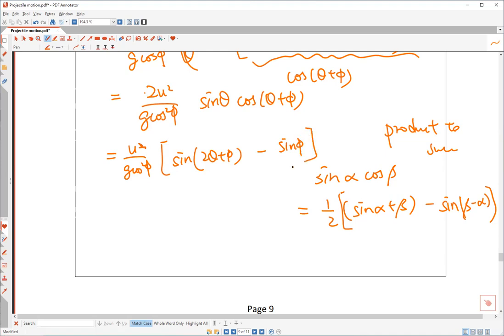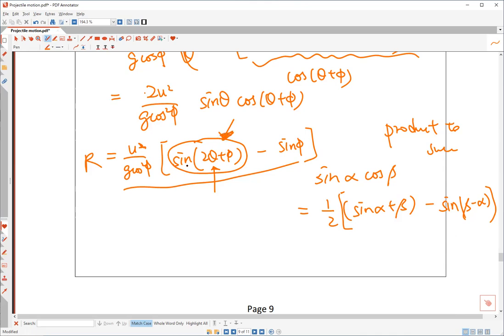Yep. So in this formula, you can see there's only one theta in the formula. So that means it's easier for us to determine when the range will be largest at different values of theta. So only this thing can change in this formula because theta is a variable.